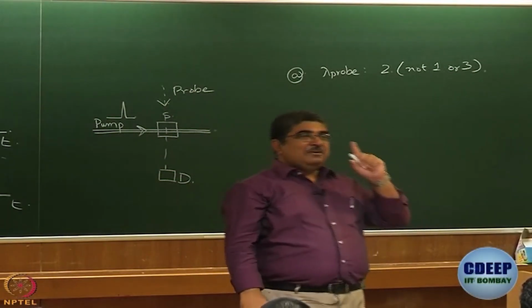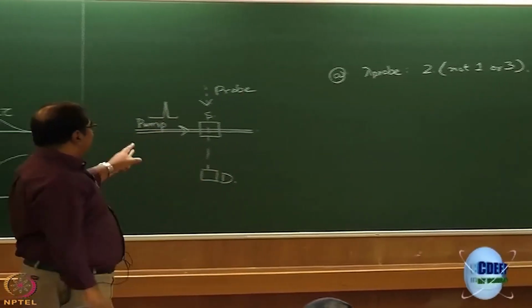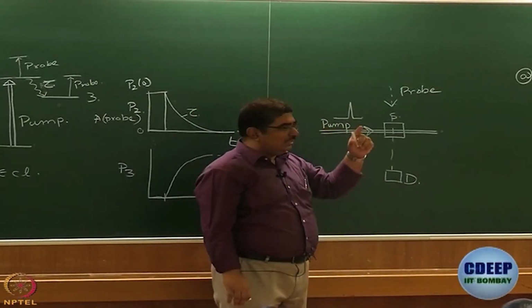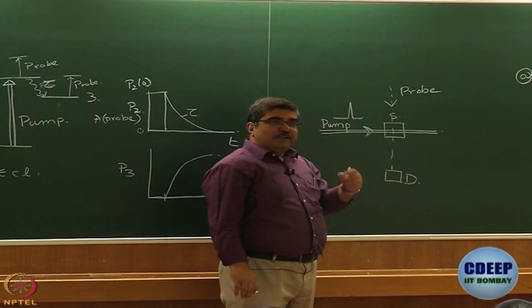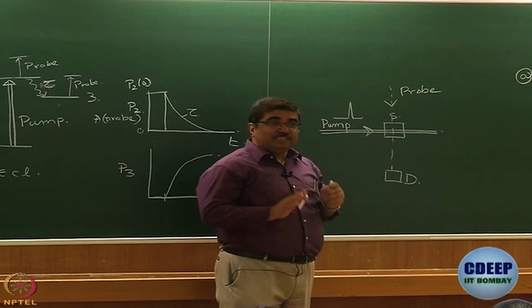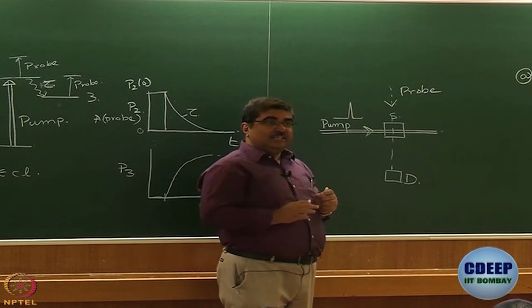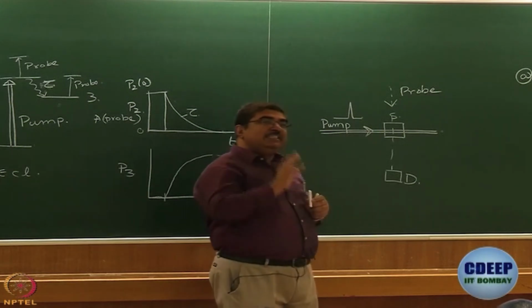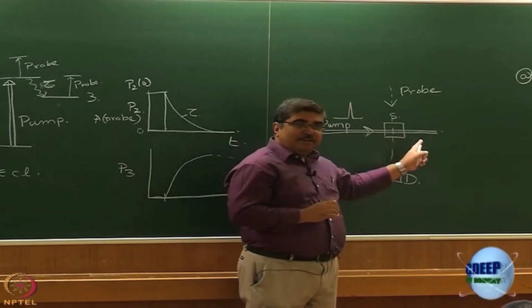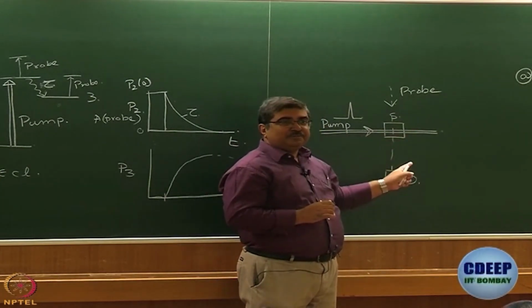Excellent question. What Madhu is asking is, you are saying that pump is used to create an excited state population. Now I bring in the probe that is going to deplete the excited state population, right? Does that not affect the measurement? The answer is it does. So if I am to minimize this effect, what do I have to do? I have to use an intense pump and a feeble probe.